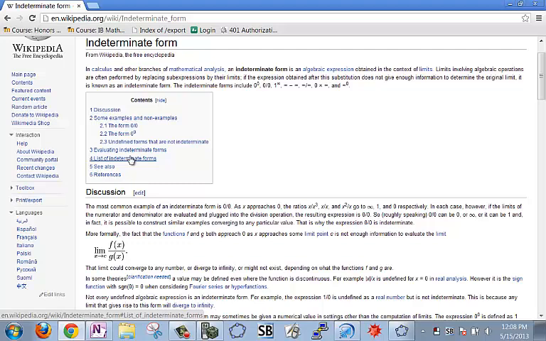Infinity minus infinity. 0 times infinity. If you've got a function approaching 0 times a function approaching infinity, which one dominates? Whichever one, or maybe they're moving at the same rate and you get 3. Infinity raised to the 0th power. So lots of indeterminates.